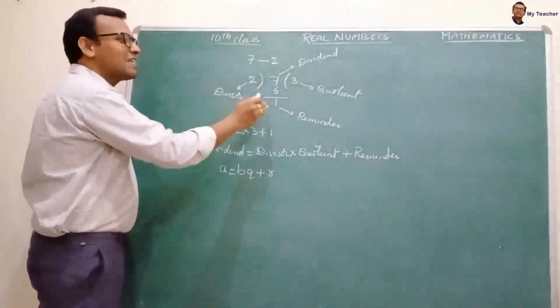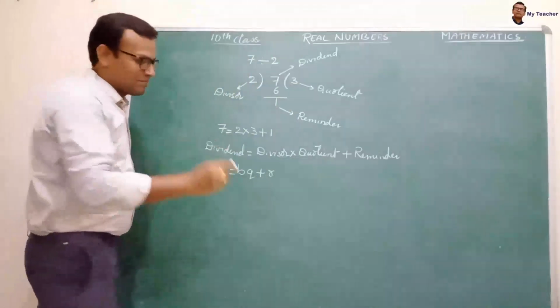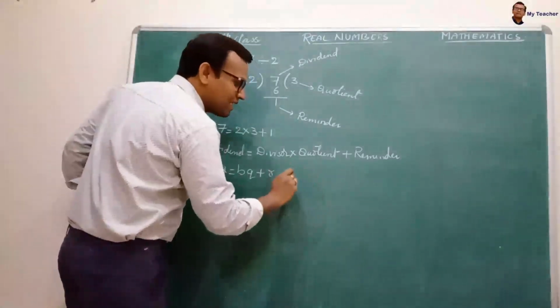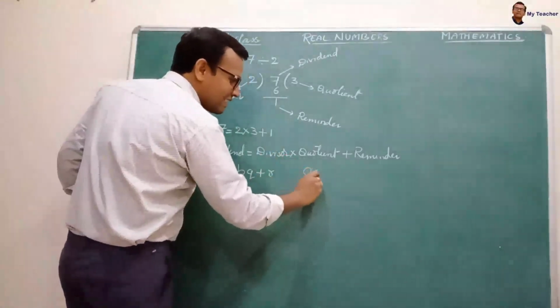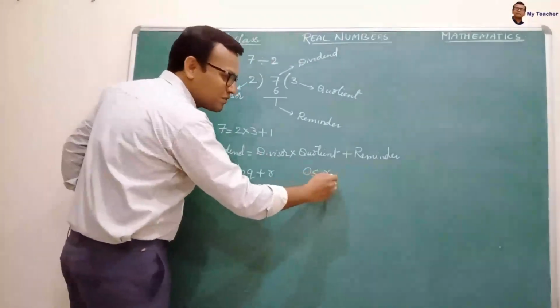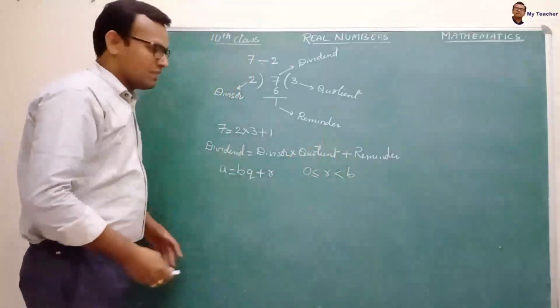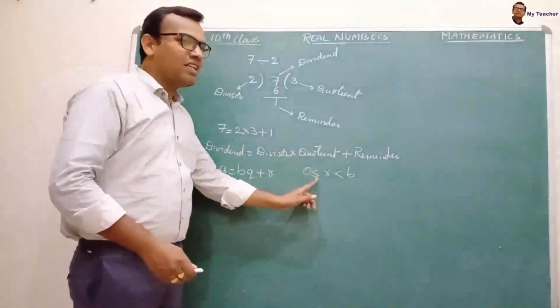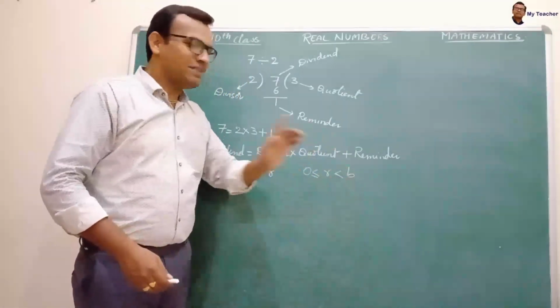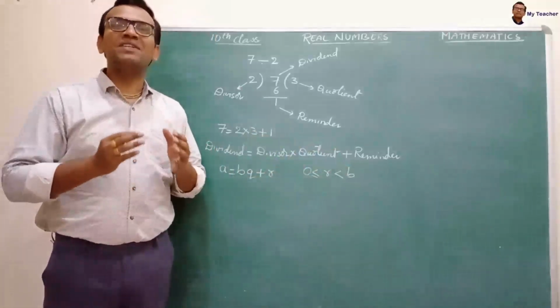But always the remainder will be lesser than the divisor. So the condition will be like this. Remainder must be always greater than or equal to 0 and less than B. Or 0 is less than or equal to R less than B is the condition. And this rule is called division rule.